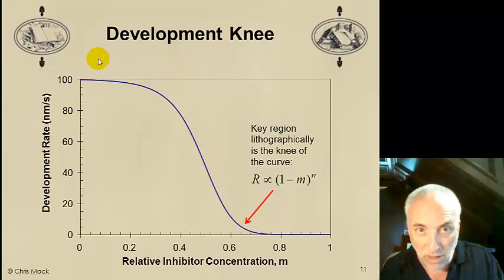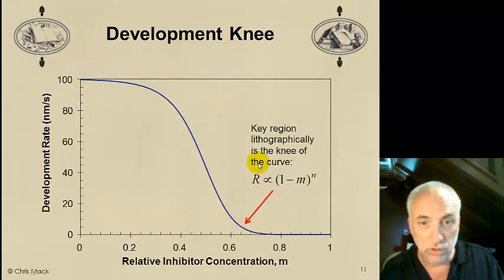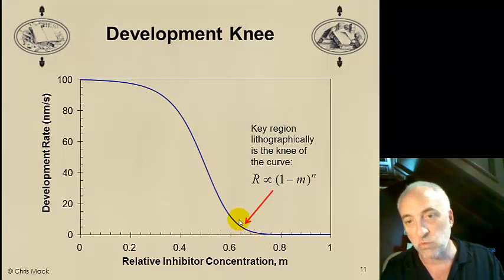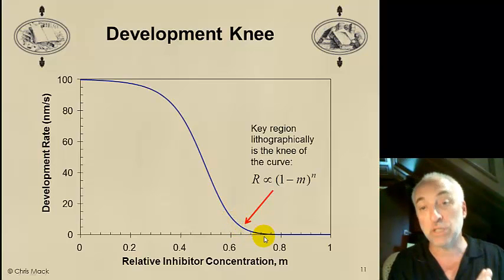So all of this part of the dissolution rate corresponds to the portion of the resist that's going to dissolve away. But down here at the knee is where I'm making that transition, where the transition matches the edge of the photoresist feature.